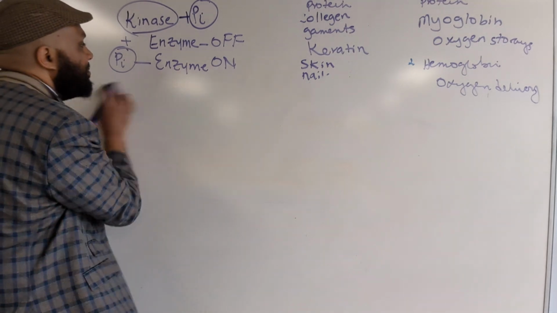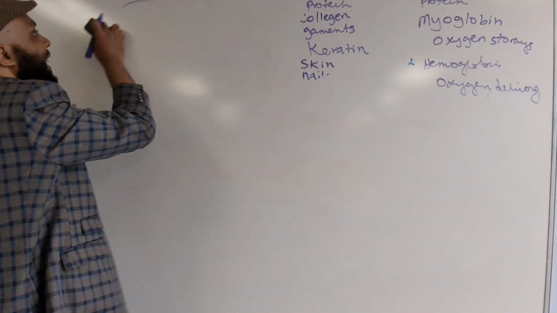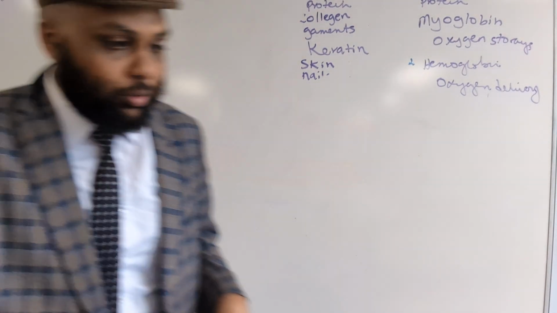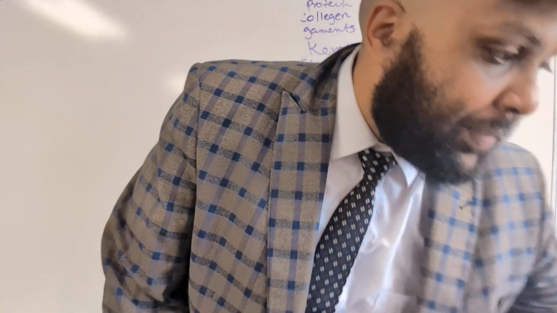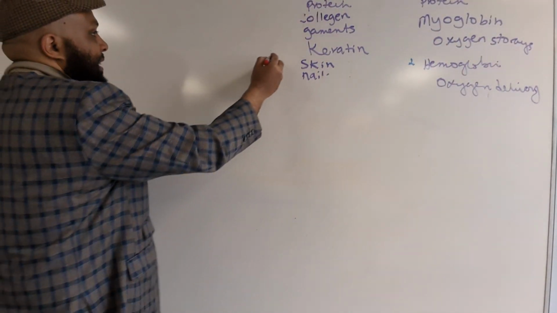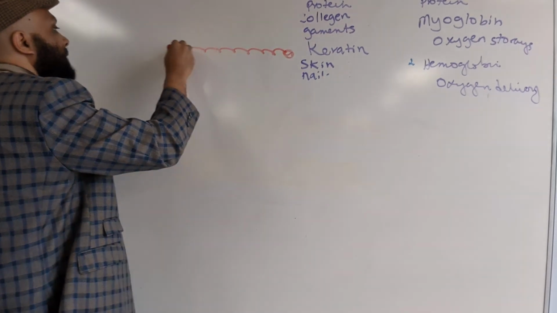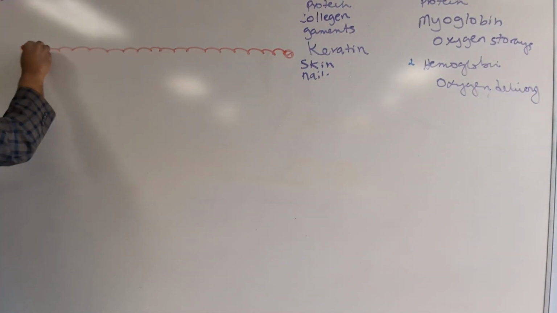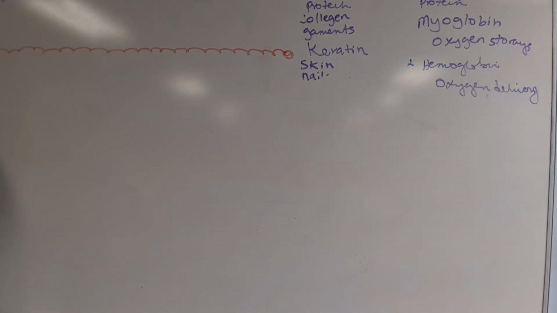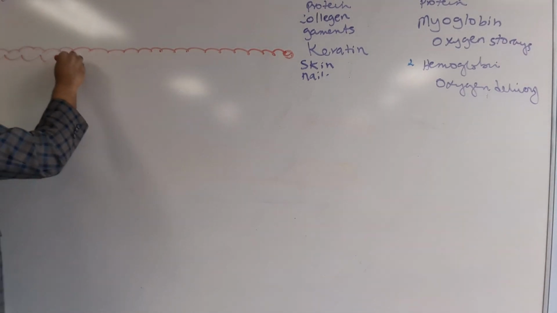If you remember when we talked about what happens in the phospholipid bilayer, this is very important. We said that the cell membrane is made up of a phospholipid bilayer.